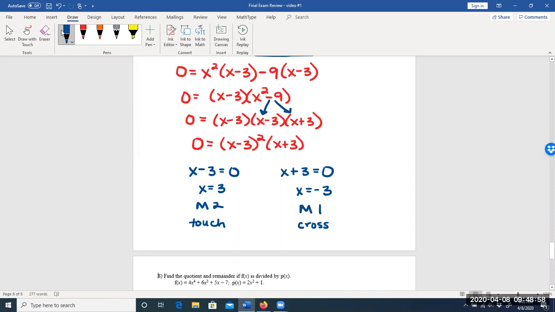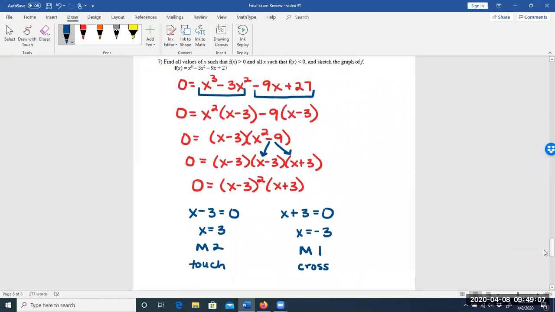Now, before I sketch this graph, there's one more thing I want to talk about: end behavior. So if we look at our leading term, it is x to the 3rd. So we have a positive leading coefficient. We also have an odd degree, but just know that if you have a positive leading coefficient, your graph will rise to the right.